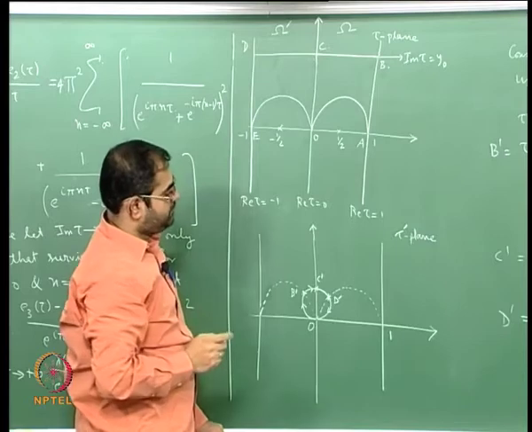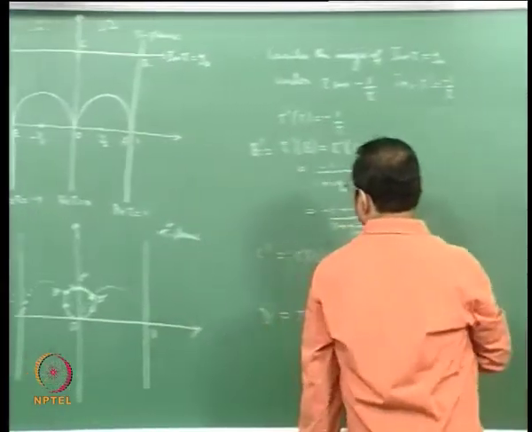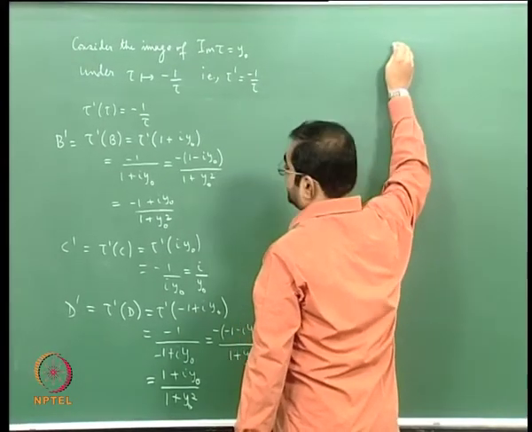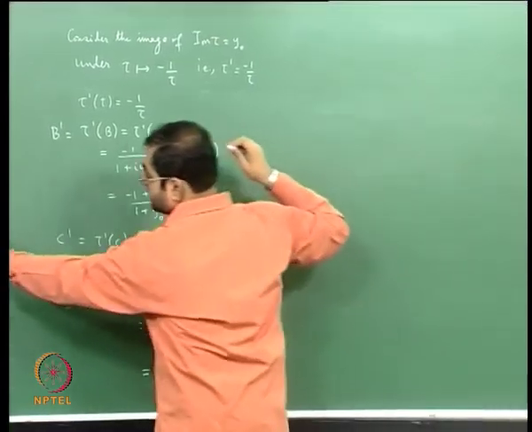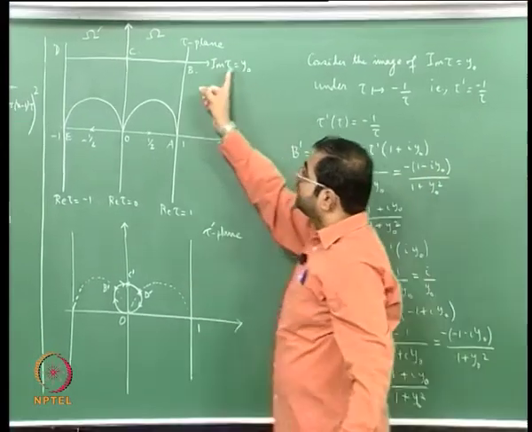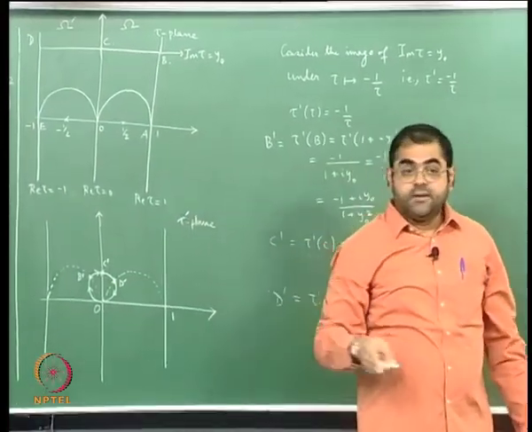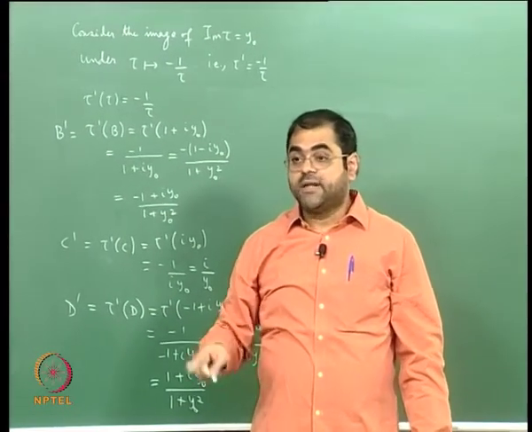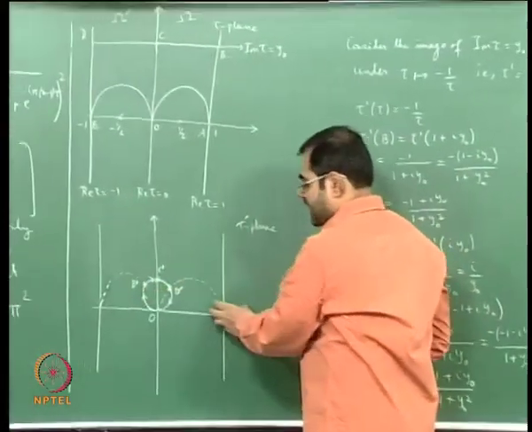Now I also want to look at what is going to happen if I take the tau double prime. So this is the effect of looking at the image of this line under tau going to minus 1 by tau. Let me look at the effect of that line under tau going to minus 1 by tau plus 1, which means I just have to translate this by 1.